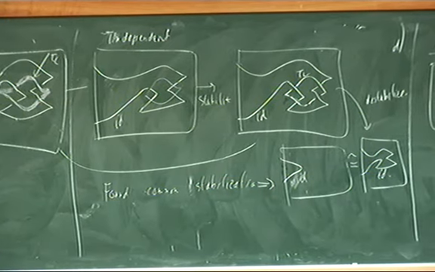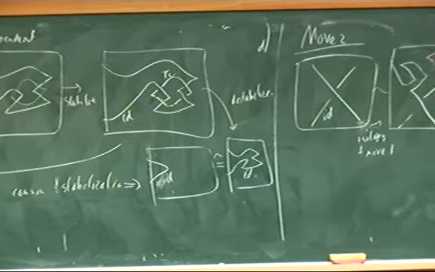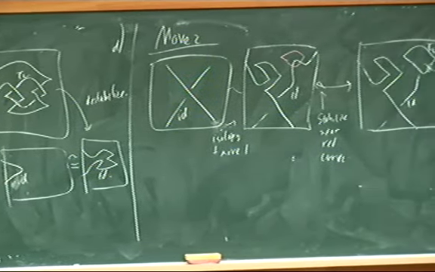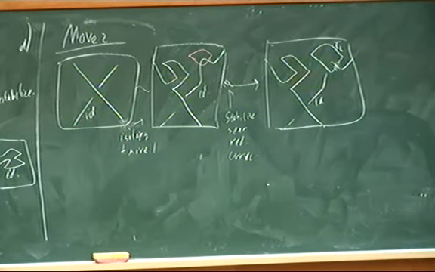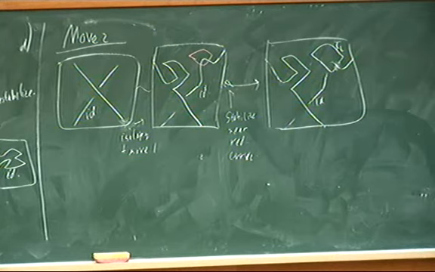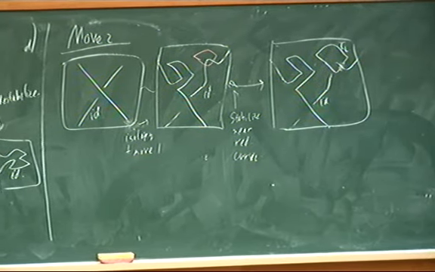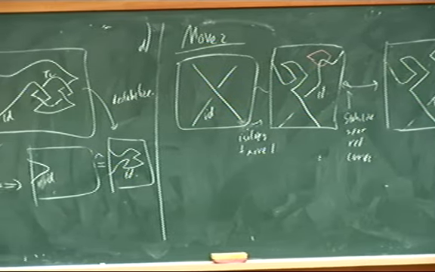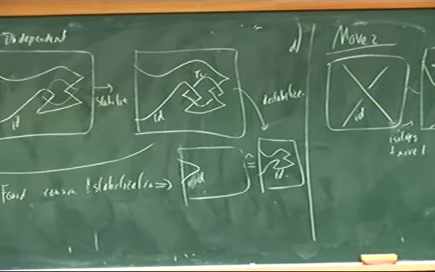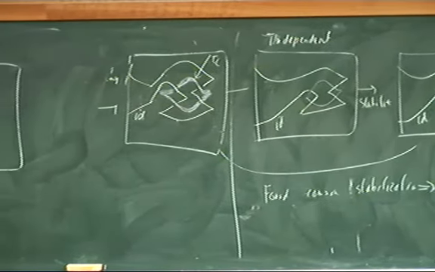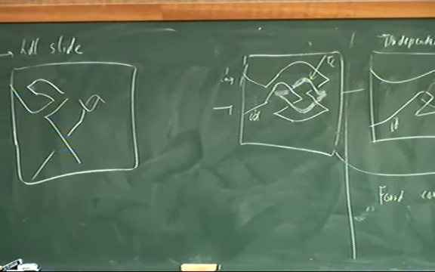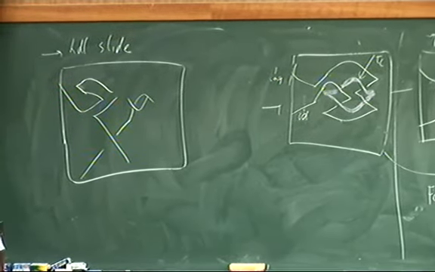The handle slide will be, okay, this is a bit dangerous to draw by heart. Let me also draw the parallel copy for the handle slide. So the parallel copy looks like this.